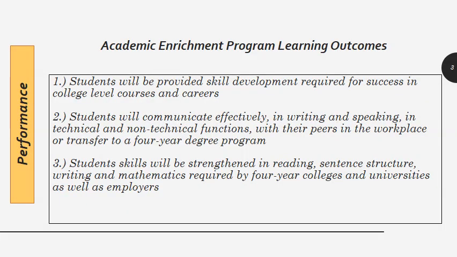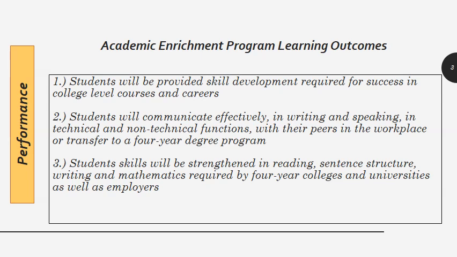In following these steps, when creating learning outcomes for the academic enrichment program, I took into consideration what I thought would be three of the most important skills to have in order to be successfully prepared for the rigors of a college-level course. And those are: students will be provided skill development required for success in college-level courses and careers.